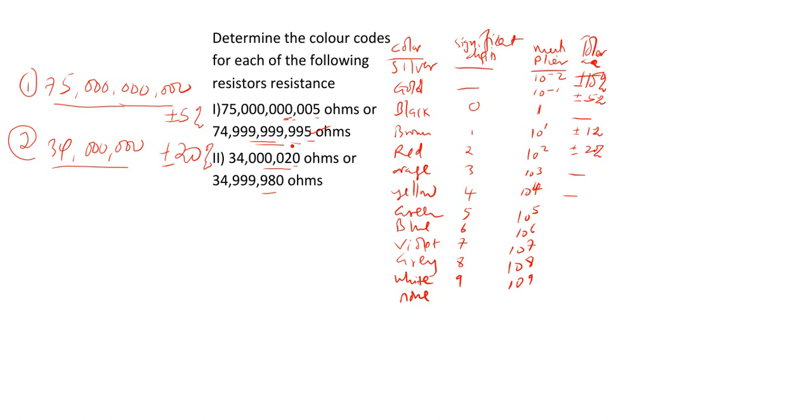Then for green, we have plus or minus 0.5%. Next is plus or minus 0.25%. The next one is plus or minus 0.1%. Then we don't have for gray and white. But for none, we only have the tolerance of plus or minus 20%. So with that table, now we can compute our color coding for the question.